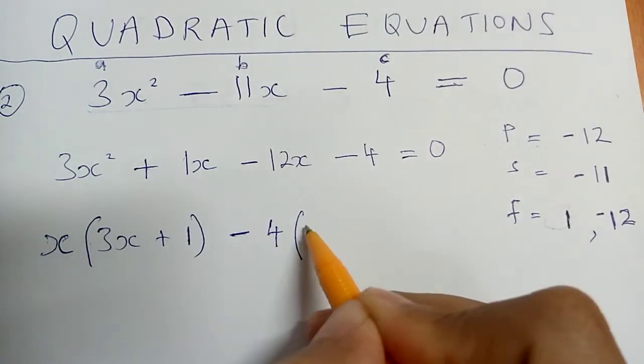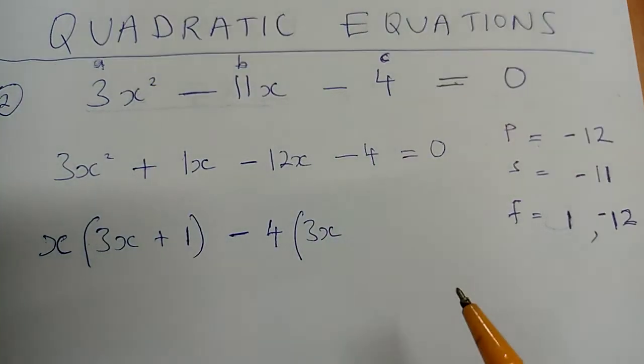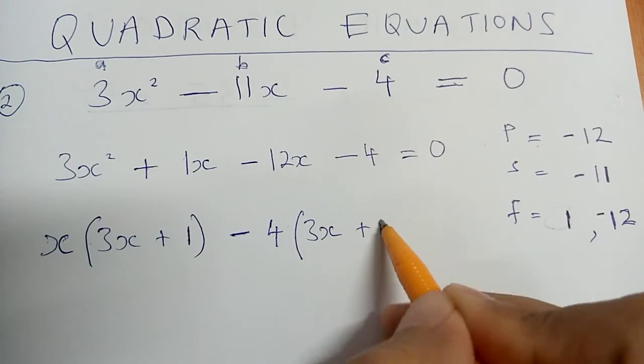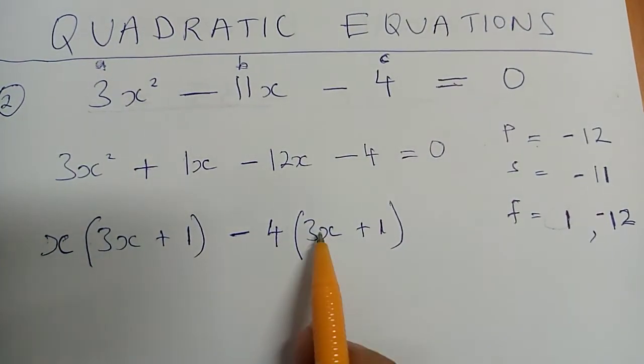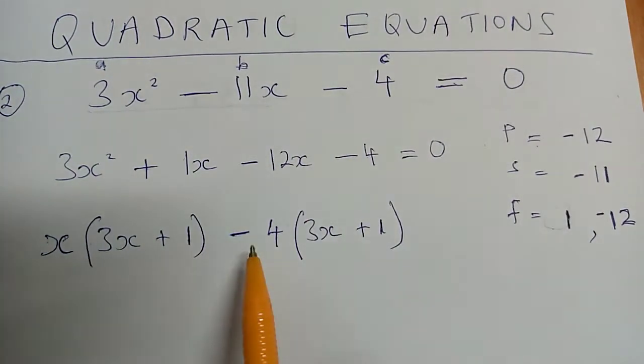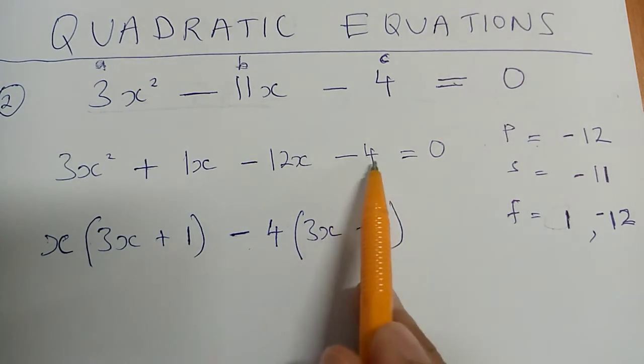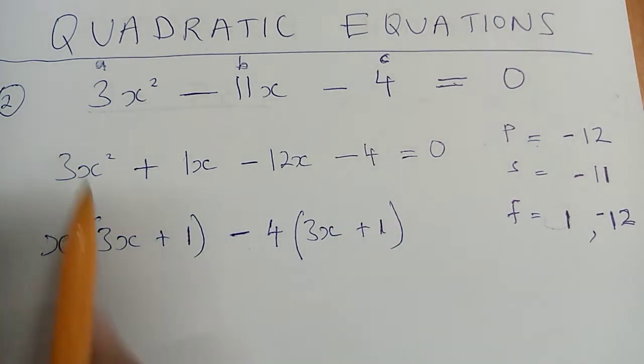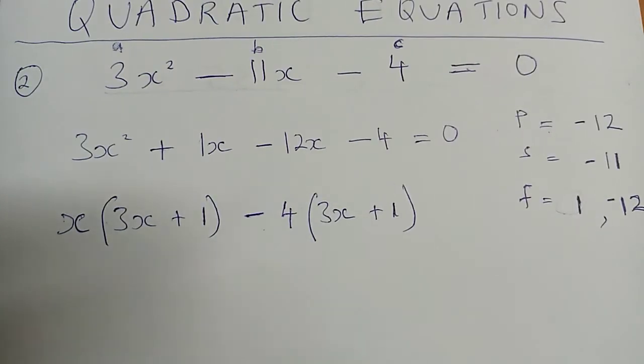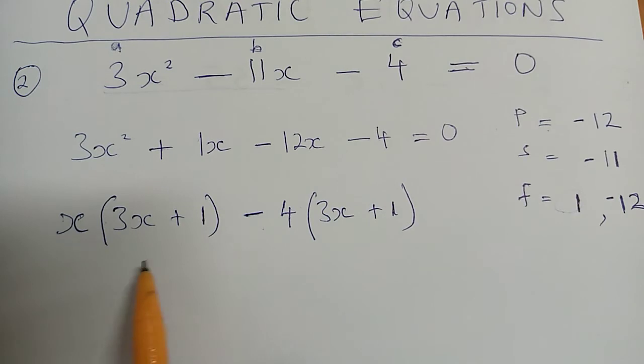So 4 into brackets, 3x plus 1. Why? Because negative 4 times 3x is negative 12x, and negative 4 times 1 is negative 4. What about on this other side? X times 3x is 3x squared, and x times 1 is 1x. The good thing about this is that now we have a common bracket here and here.